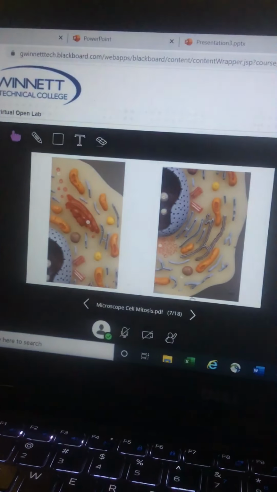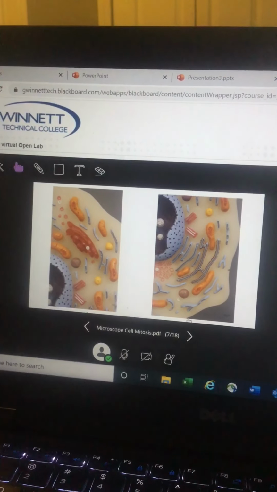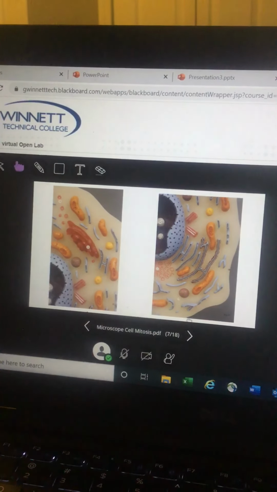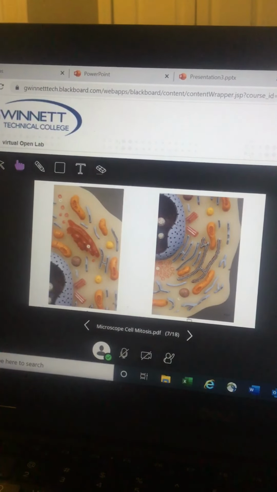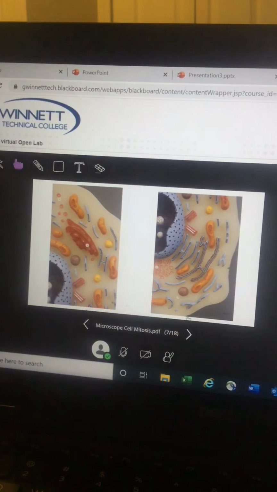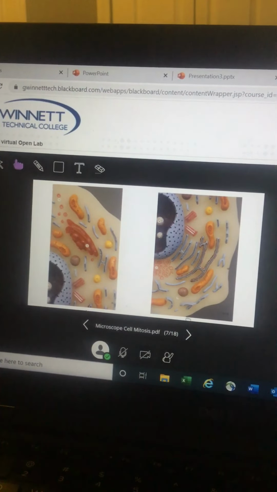So the cytoplasm is everything. The cytosol is like the soup, the broth. The cytoplasm is like the carrots and the potatoes. So the cytosol is your soup broth, and the cytoplasm is your meat and potatoes inside the soup.